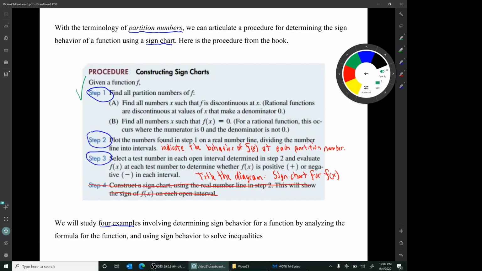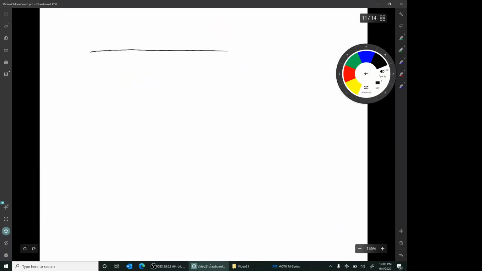Now the next step is to plot the numbers on a real number line. Plot the partition numbers. So let's go down and do that. So there's our number line, and right away let's title this.